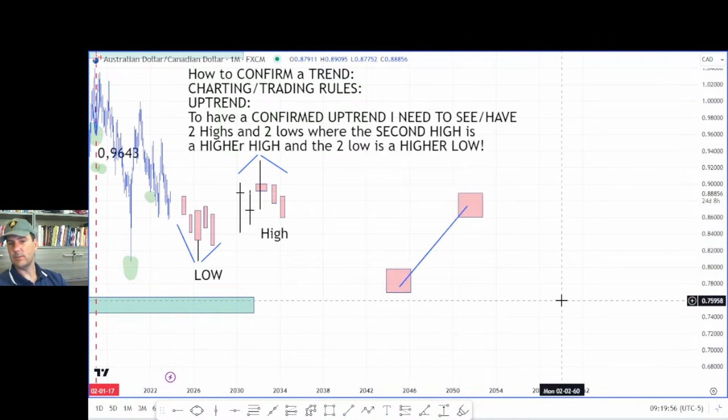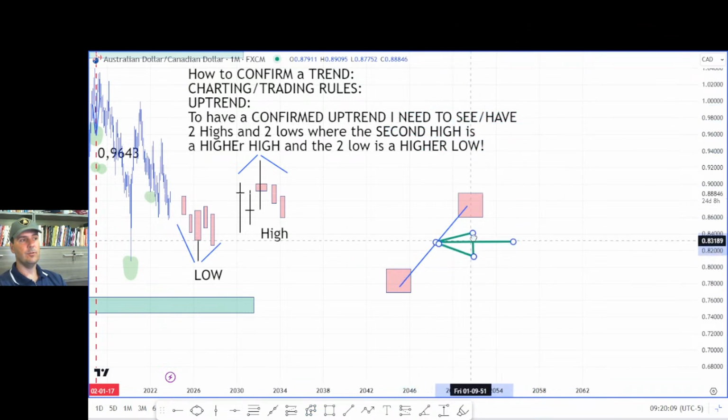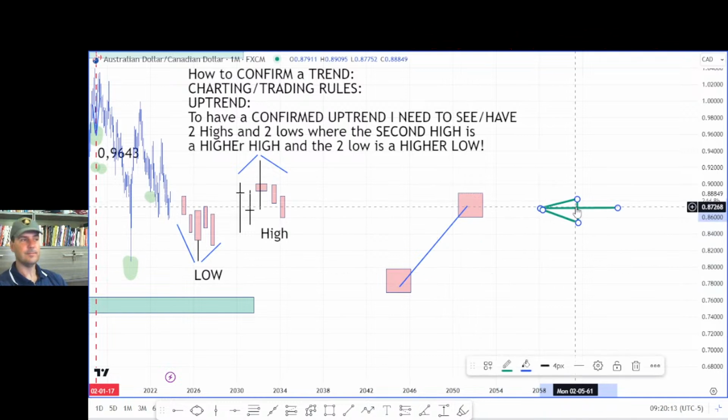Type in the chat, yes or no. This is a rule. That's the rule. Is this an uptrend? Yes or no? Boss, I don't know. Read the rule. Not that difficult.